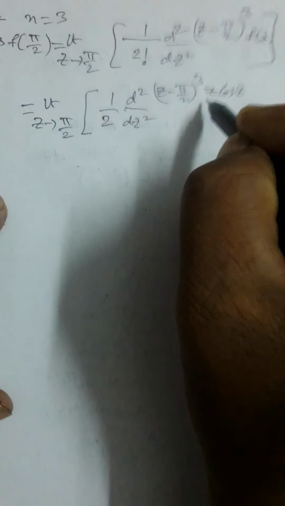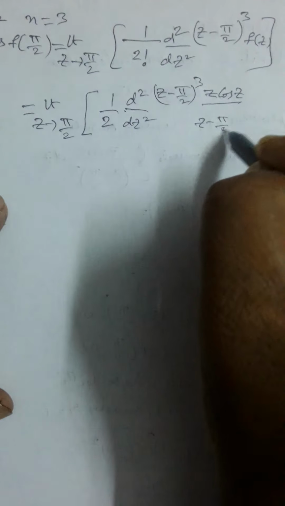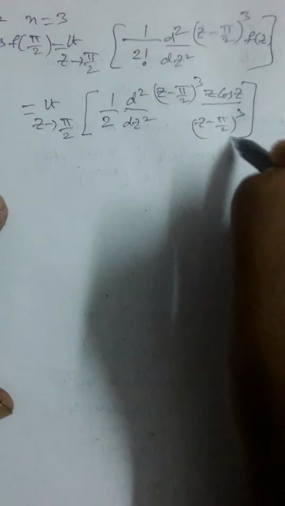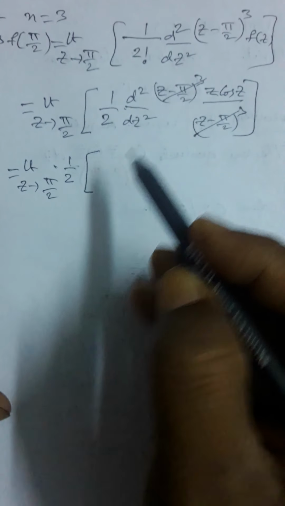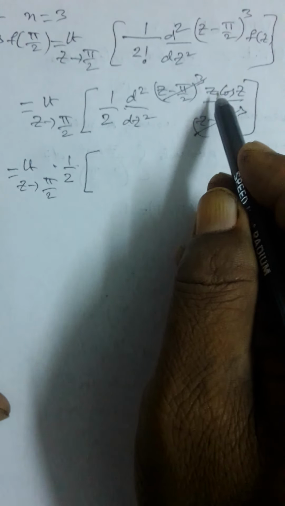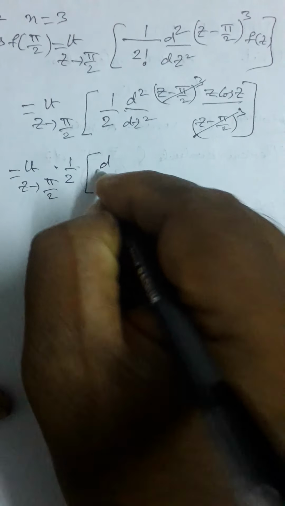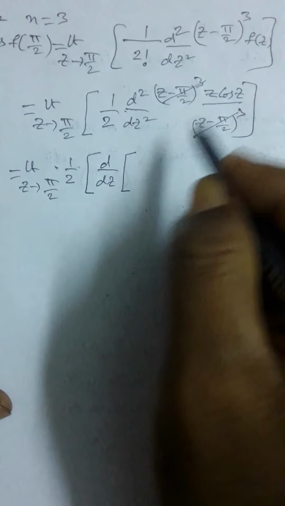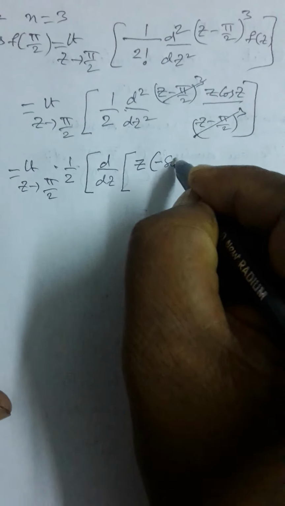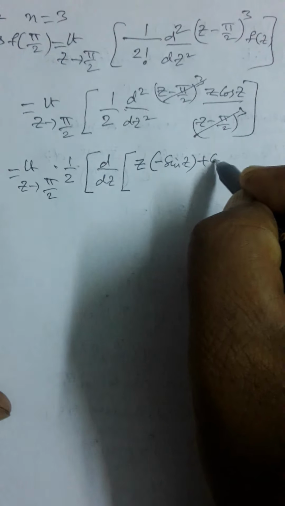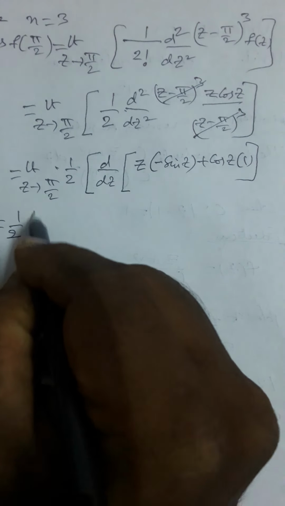z cos z by z minus pi by 2 whole cube, cancel. Limit z tends to pi by 2, 1 by 2, derivative of z cos z: first time apply UV formula, z into cos z derivative minus sin z plus cos z into z derivative 1, by 2 constant.